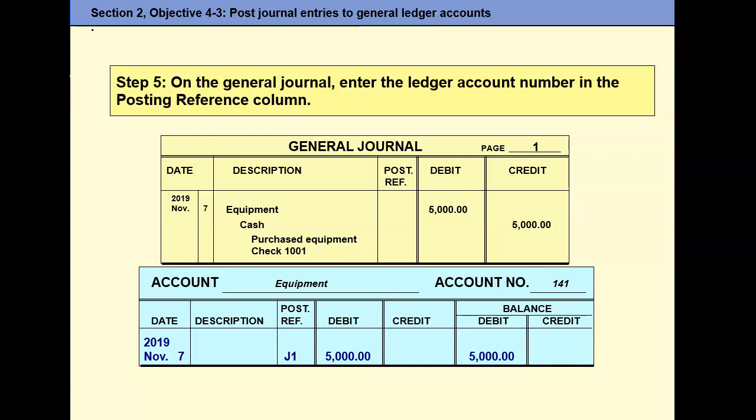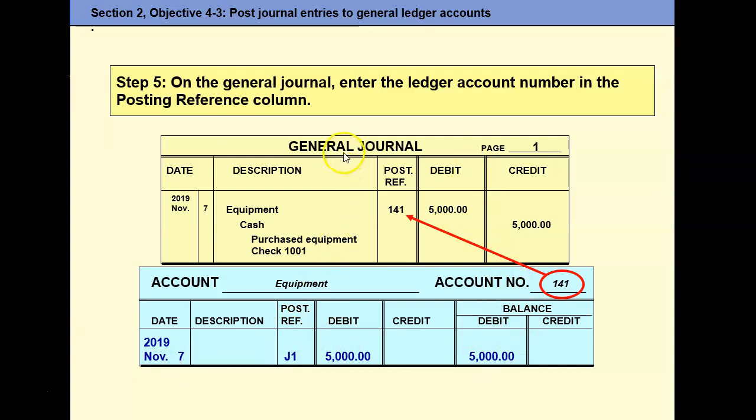Now, once you have recorded the transaction to the ledger, the fifth and final step, we're going to go back to the journal and record the account number in the post reference column of the journal. This lets us know that this $5,000 transaction has been posted into the equipment ledger account.